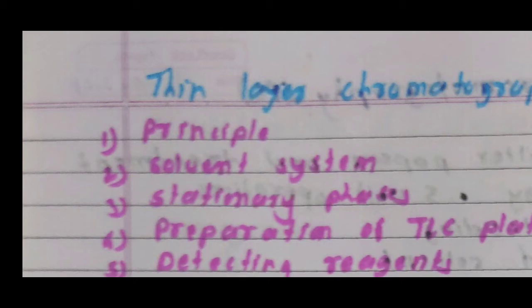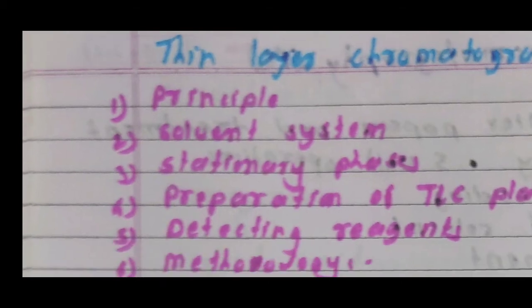The third point is the stationary phase. Relatively few materials are used as adsorbents in TLC. The choice of the correct adsorbent affects the separation in TLC, and the adsorbent is chosen based on the nature of the components to be separated and the solvent system to be used.